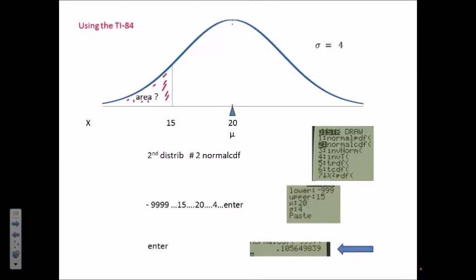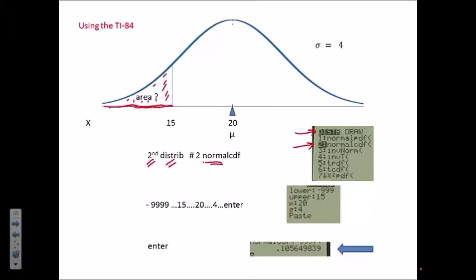We could use the calculator, the TI-84. We press second, distribution, and then choose number 2, normal CDF. Depending on the calculator, if you have a menu, what you have to include is the endpoints for the interval we're talking about.